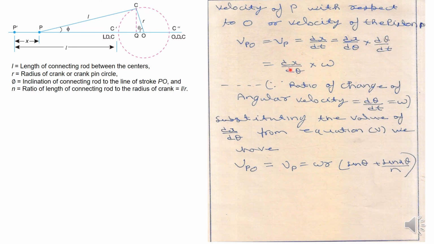This d theta by dt is the rate of change of angular position, the angular velocity, equal to omega. Then substituting the value of dx by d theta from equation 5, the velocity of point P with respect to O is Vp equal to omega r (sin theta plus sin 2 theta by 2n).